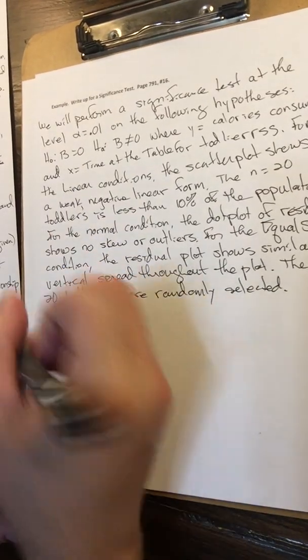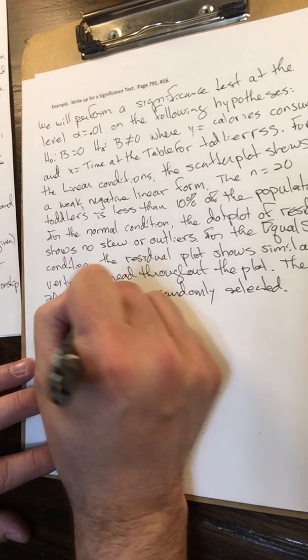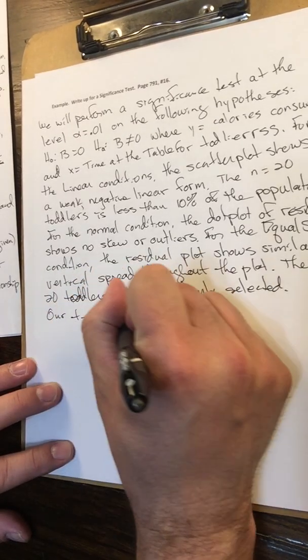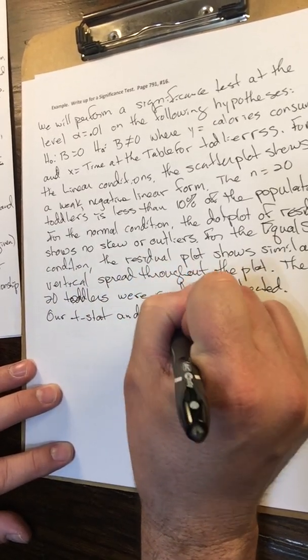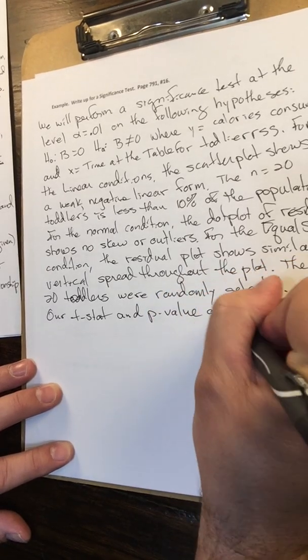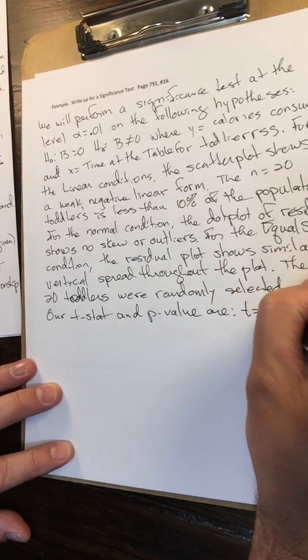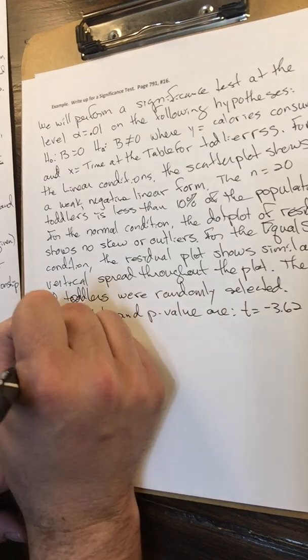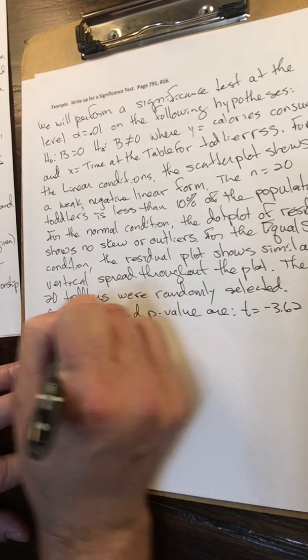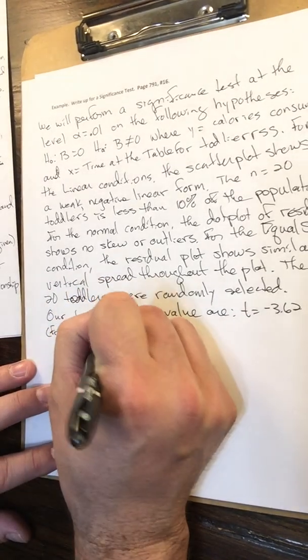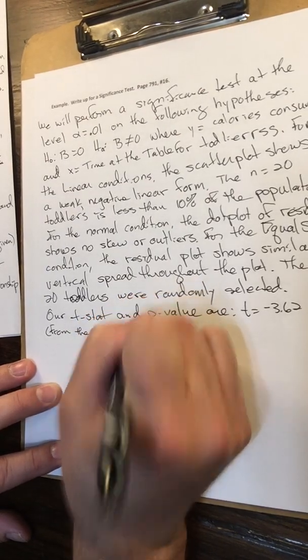So here we go. I'm just going to write up what they gave me here. Our t statistic and p-value are t equals negative 3.62, from the printout, like I would want you to put that if you were taking the AP exam.